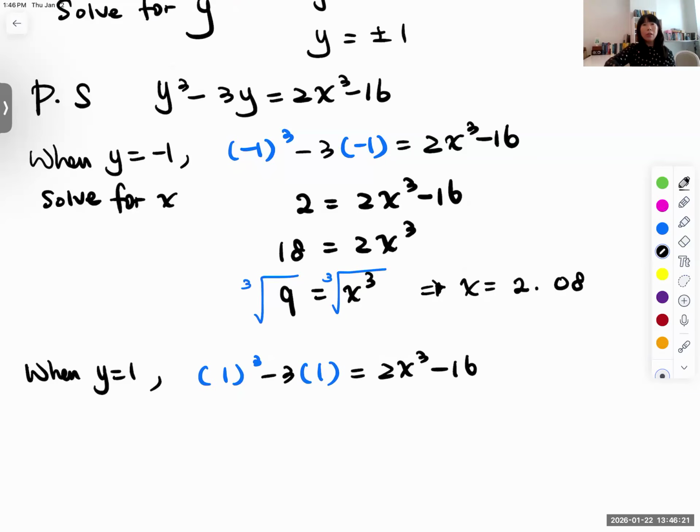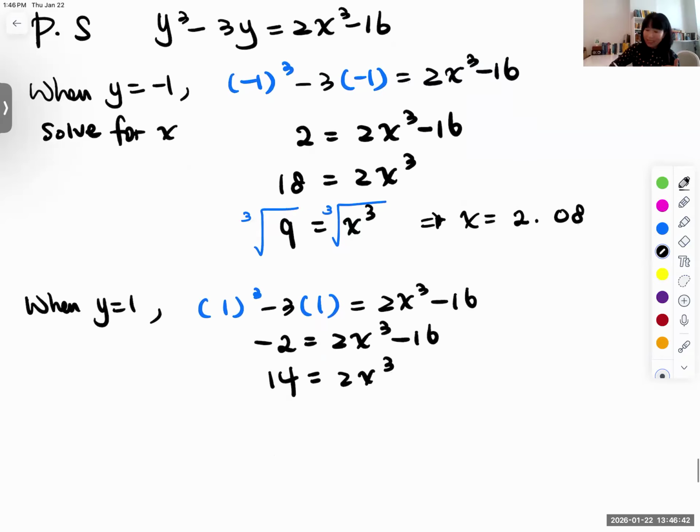So 1 minus 3, which is negative 2, equal to 2x to the third power negative 16. And then move the negative 16, positive 16. So it's a positive 14 there, right? And then 2x to the third power, divided by 2, both sides.